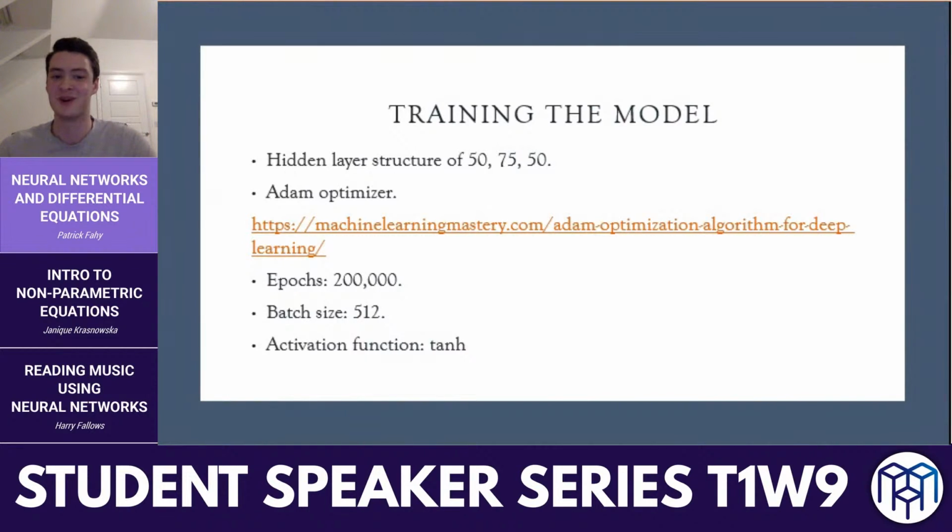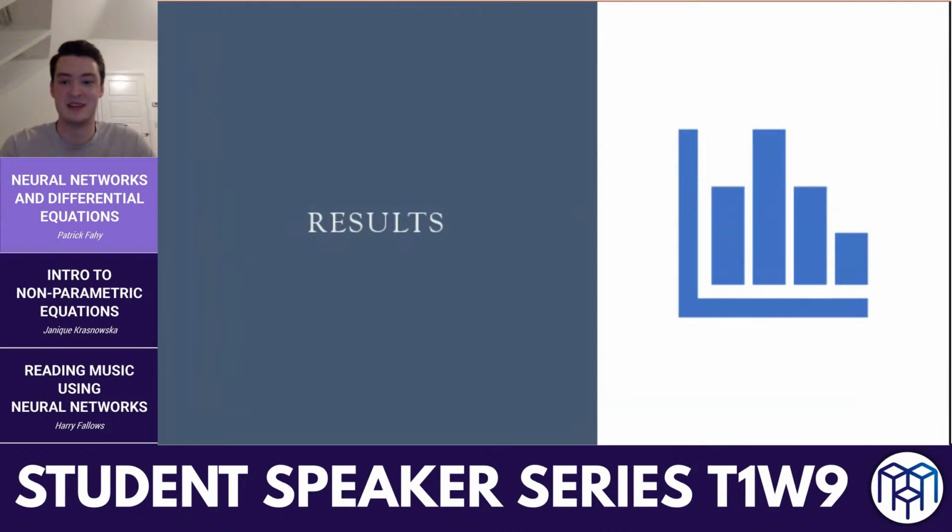But I won't go into that too much because that's quite complicated. And I trained it on 200,000 iterations, which is quite a lot, but I think I trained it for probably about 50 times longer than I needed to, just to get it ever so slightly better than it was previously. So next slide, please.